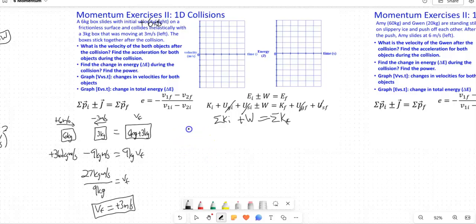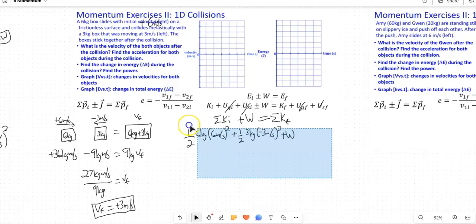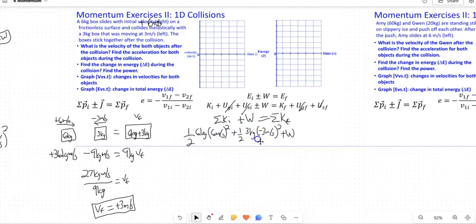Let's go ahead and put in 1/2 times 6 kilograms and 6 meters per second that we're going to square, plus the initial energy for the 3 kilogram object, negative 3 meters per second, that we're going to square, plus work. I'm going to run out of room. Always run out of room.